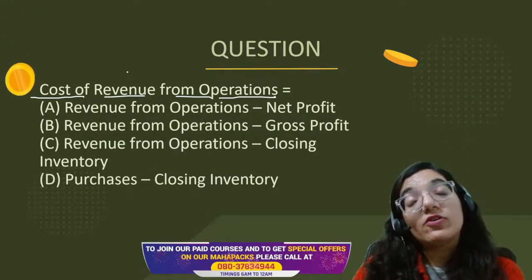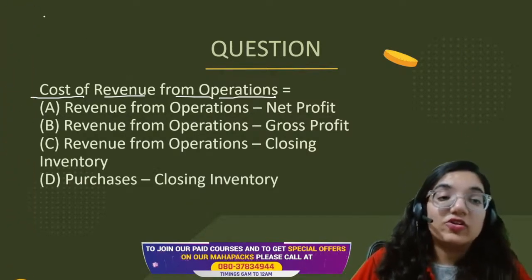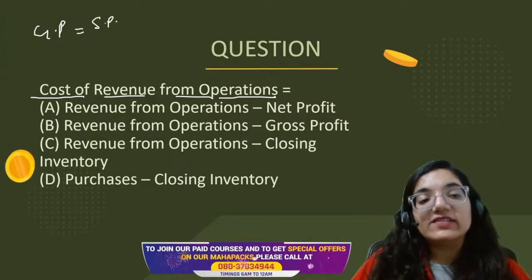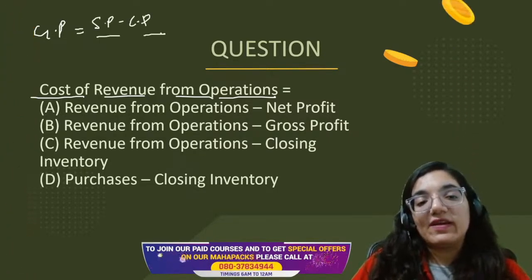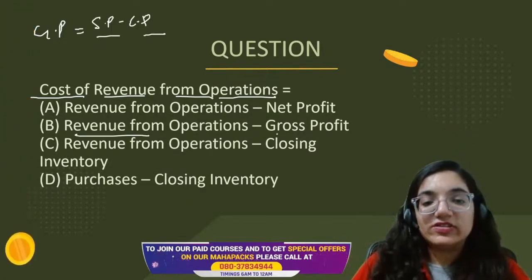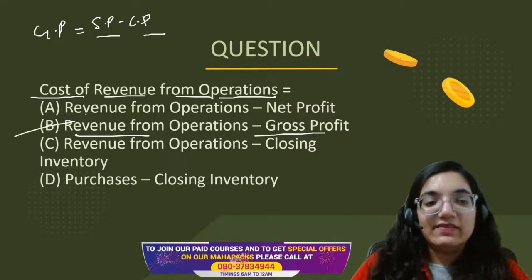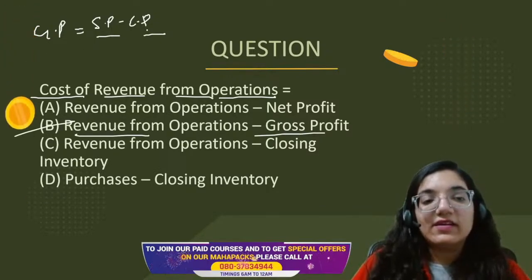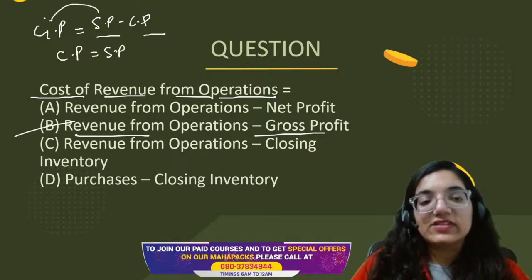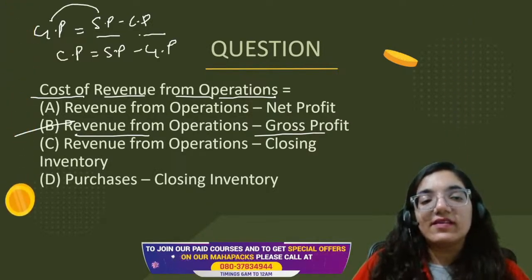If we are looking towards cost, our gross profit, or the production based profit, is always your selling price minus your cost price, SP minus CP. That would be revenue from operations minus GP. If you want to find the cost price, it is SP minus GP. Right?